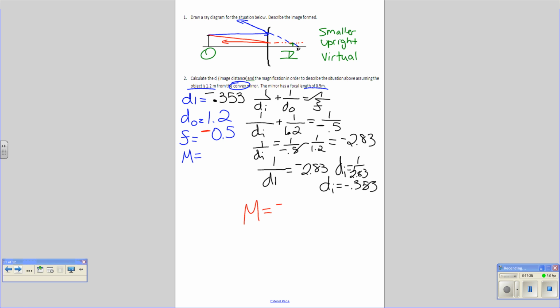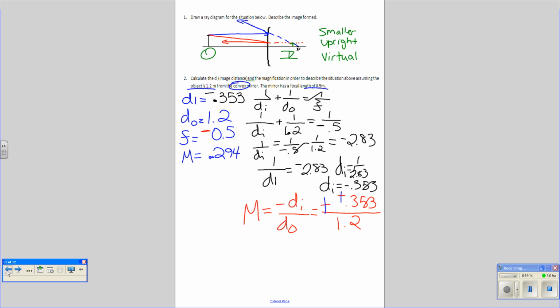M equals negative DI over DO, which equals negative negative 0.353 over 1.2. So those negatives cancel out, and you get 0.353 divided by 1.2. You get 0.294. And it's positive because your negatives cancel.